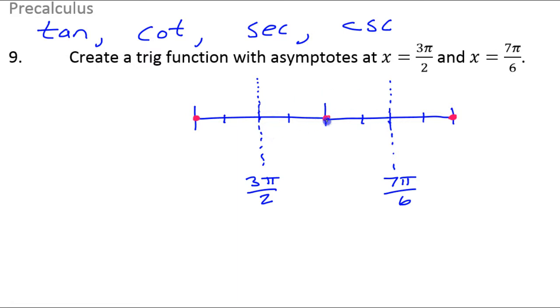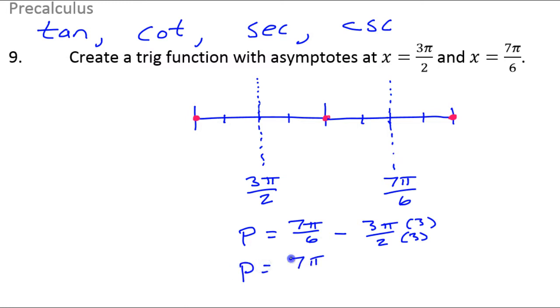So if this is the period between 3 pi over 2 and 7 pi over 6, I should be able to calculate that by subtracting. So the period should be 7 pi over 6 minus 3 pi over 2. In order to do this, I need like denominators. So I'm just going to multiply these by 3. So that's going to give me 7 pi over 6 minus 9 pi over 6.